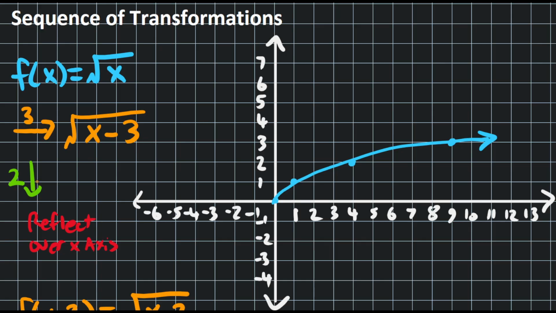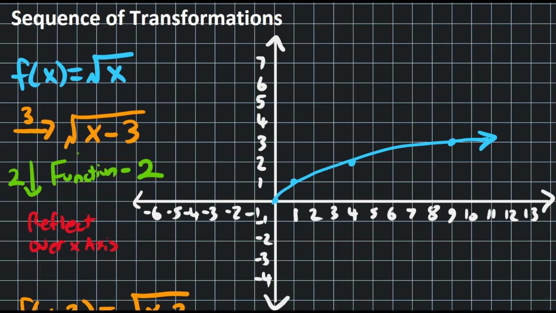Perfect. And the next thing we're going to do is shift this function down by 2. So we're going to take the function that we had from the first step, radical x minus 3, and shift it down by 2. How do we shift a function down by 2? Well, it would just be the whole function minus 2.